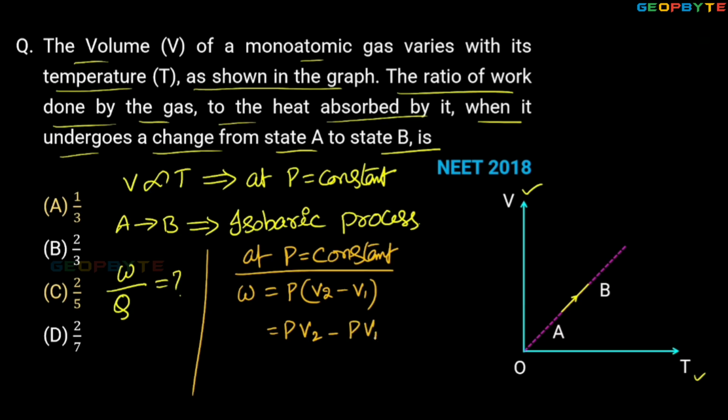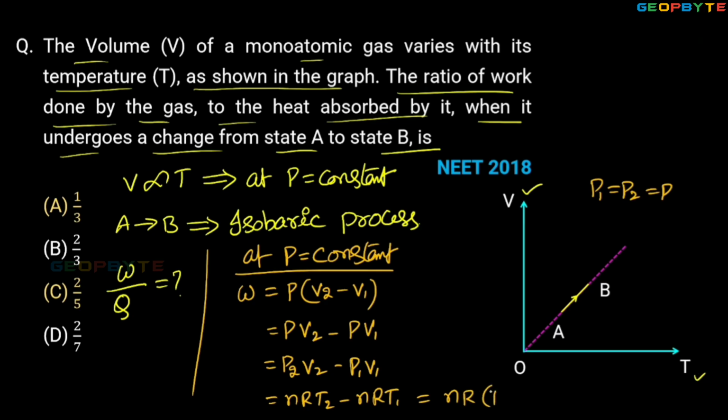Since we are discussing the constant pressure process where P1 equals P2 equals P, it can be written as P2V2 minus P1V1 because pressure remains the same. Using the ideal gas equation, it can be written as nRT2 minus nRT1, which equals nR(T2 minus T1). That is the work done formula.